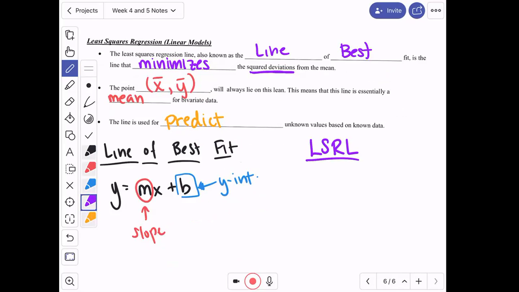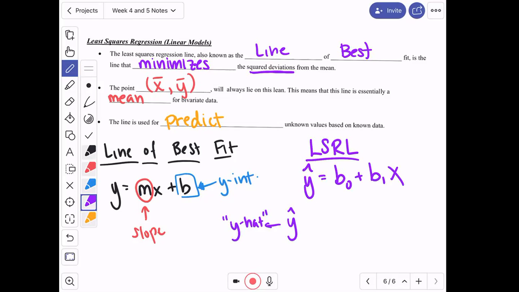We have an equation that says this right here. Y hat is equal to B0 plus B1 X, where y hat, this is referred to as y hat.